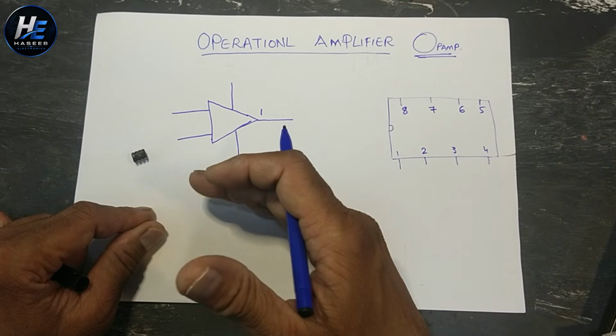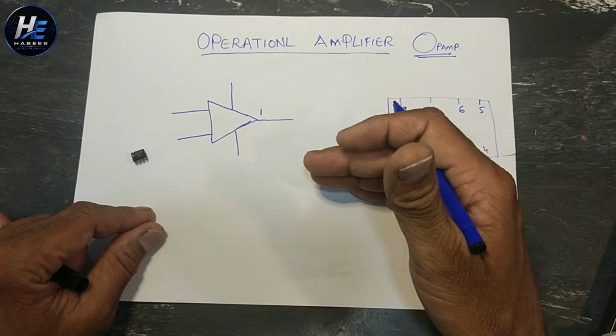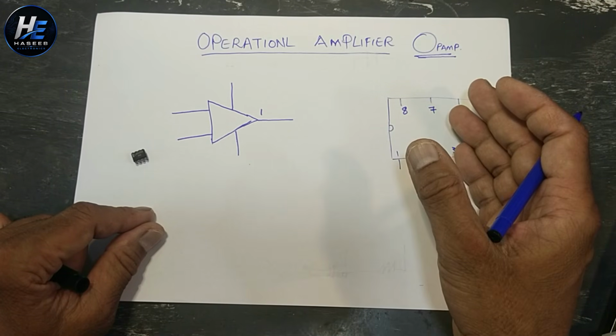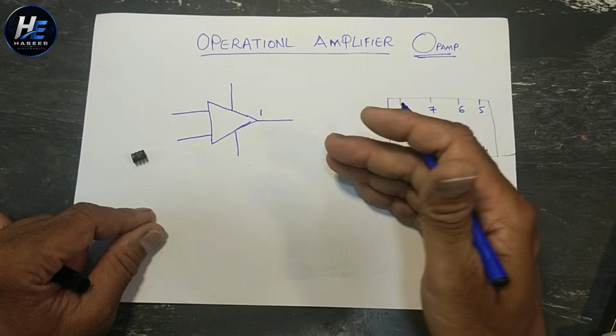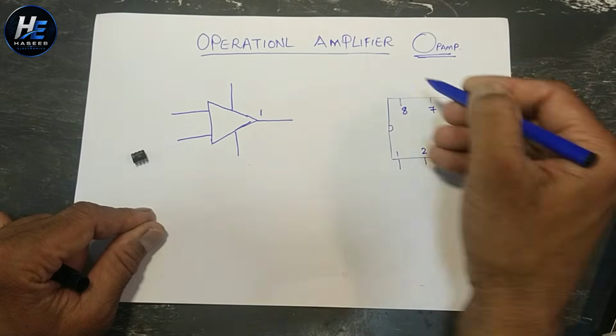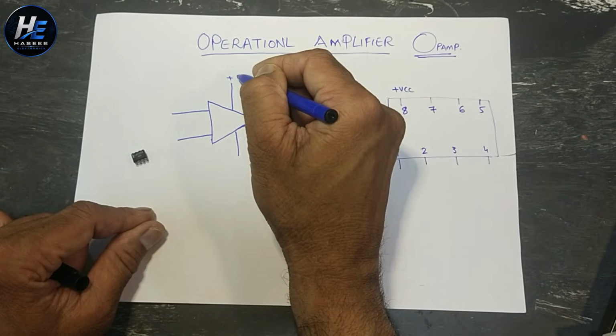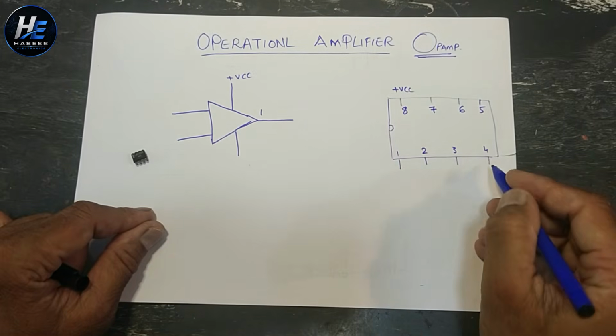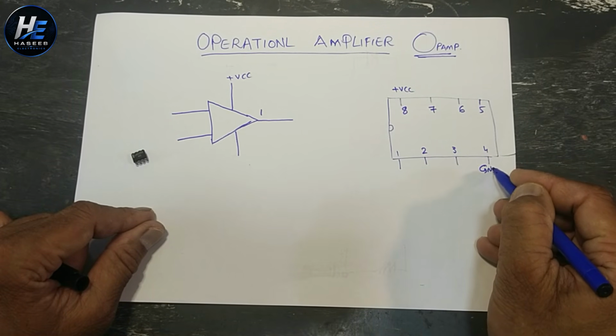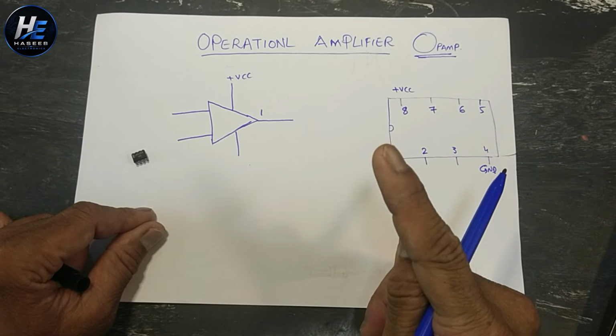I will not go in very detailed theories, what is inside, how many transistors are inside. That is difficult to understand. Pin 8, positive VCC. Pin 4, ground, if you are using single power supply.